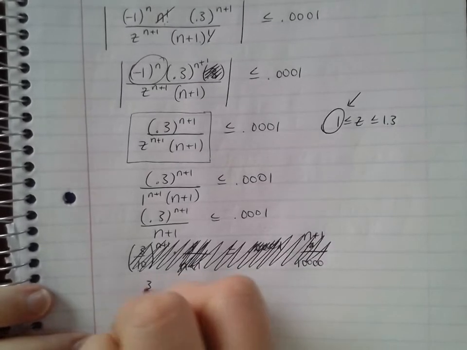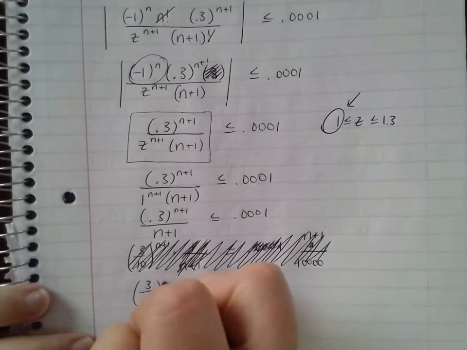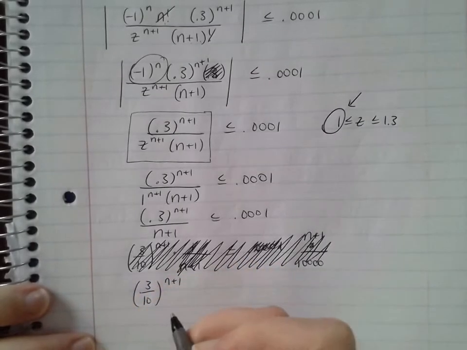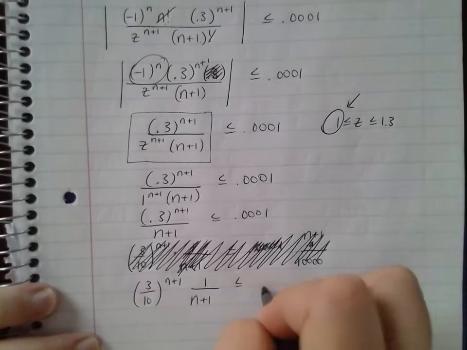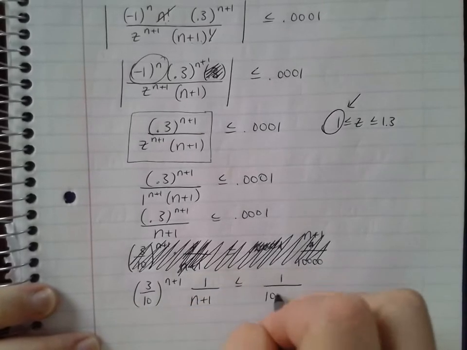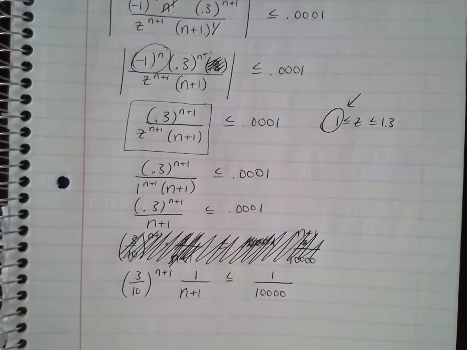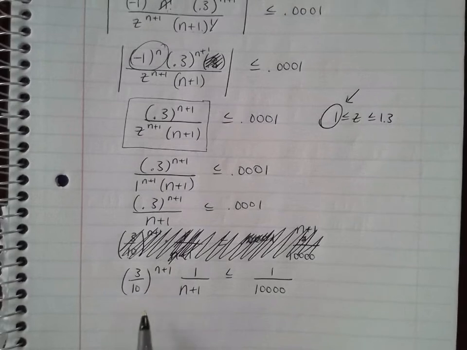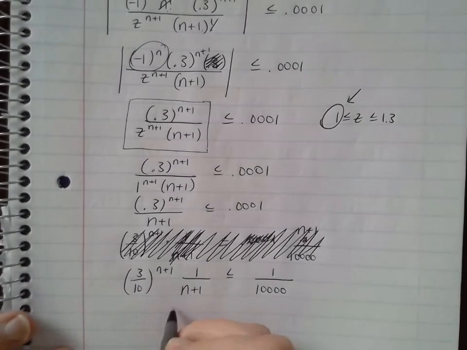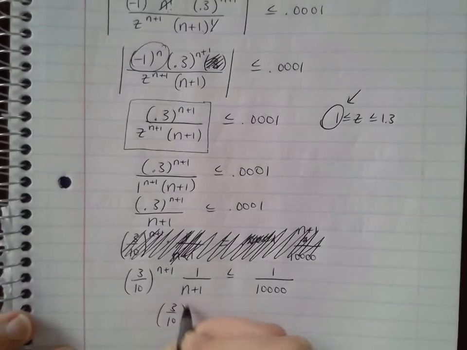I'm still going to treat this as 3/10 to the n plus 1. I am going to treat this as 1 over 10,000. Okay, so I actually am going to multiply by n plus 1 on both sides so that I can manipulate this fraction over here. And there is reason behind that. Okay, so multiply by n plus 1, both sides.